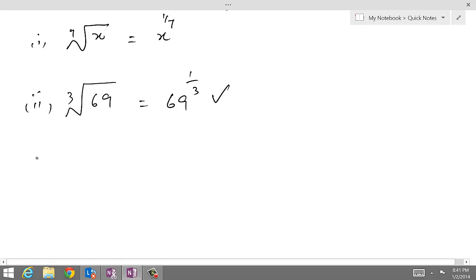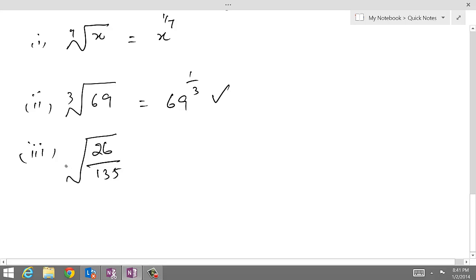And if this is 26 over the square root of 135, there is no index, so obviously the index is 2. So this would be 26 over 135 power 1 over 2. This is exponential form.